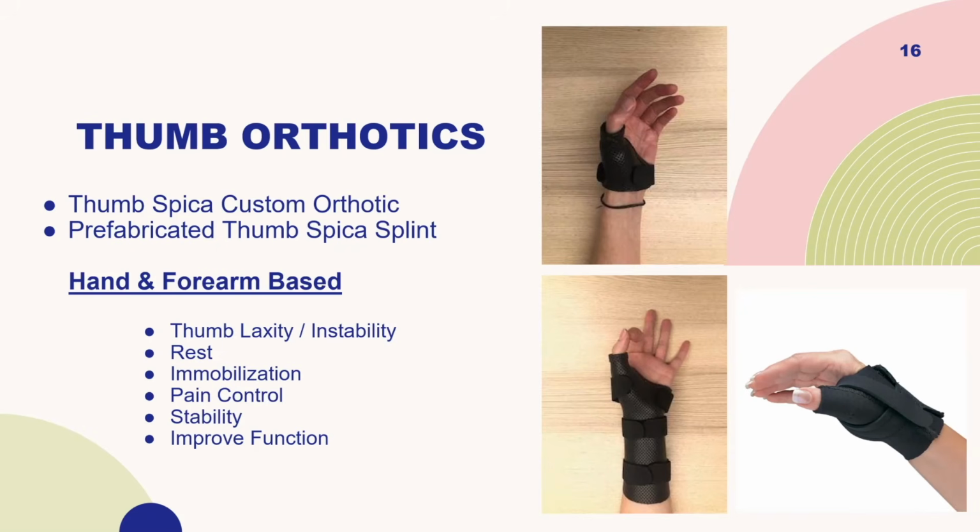However, in cases when the patient is having a lot of pain and or instability in the wrist, we will often recommend the forearm-based splint. Sometimes we actually even make both splints for our patients because they can use the hand-based one during the daytime for work and functional tasks and wear the forearm-based splint at night while they are sleeping, so they can get relief and support at night.